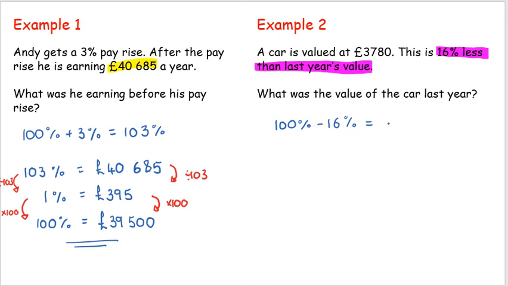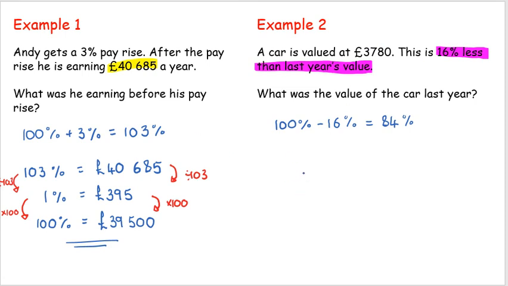Okay, so we should end up there with 84%. So the next year is worth 84% of the original value. And we can see that after that 16% decrease, the 84% was equal to that £3,780.